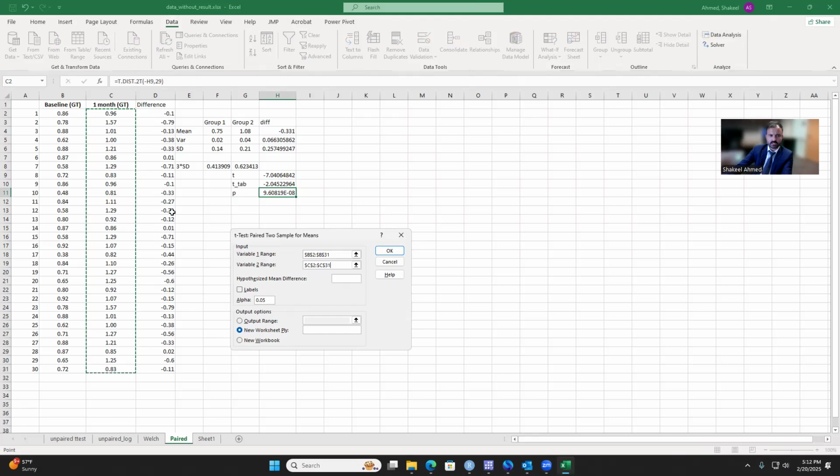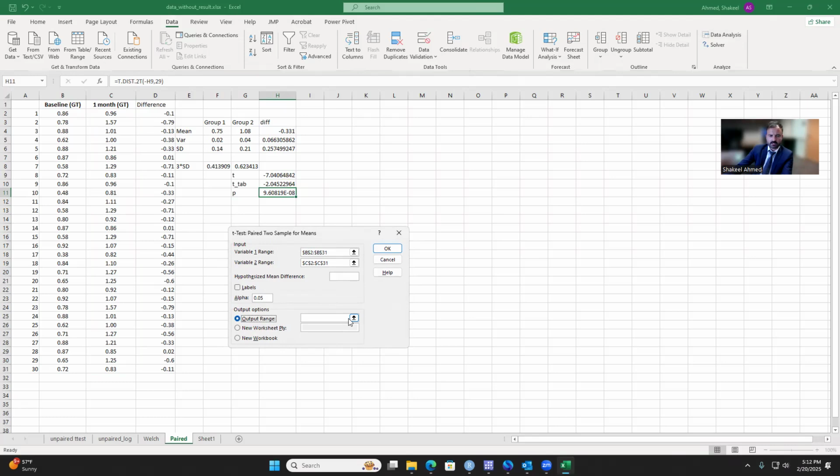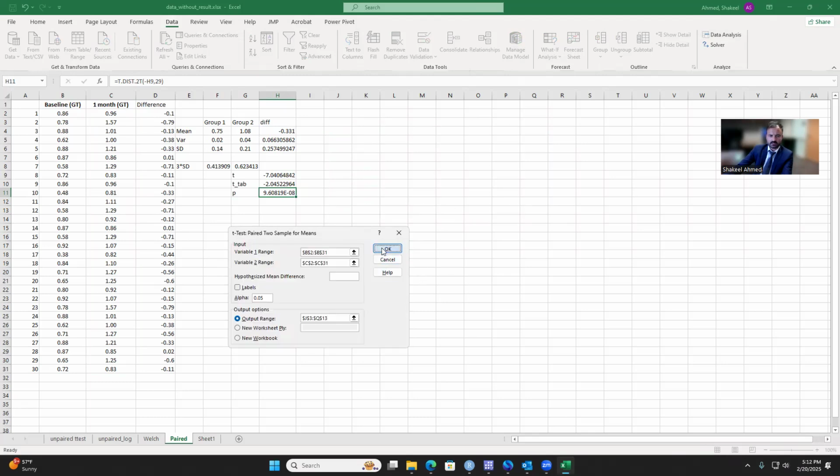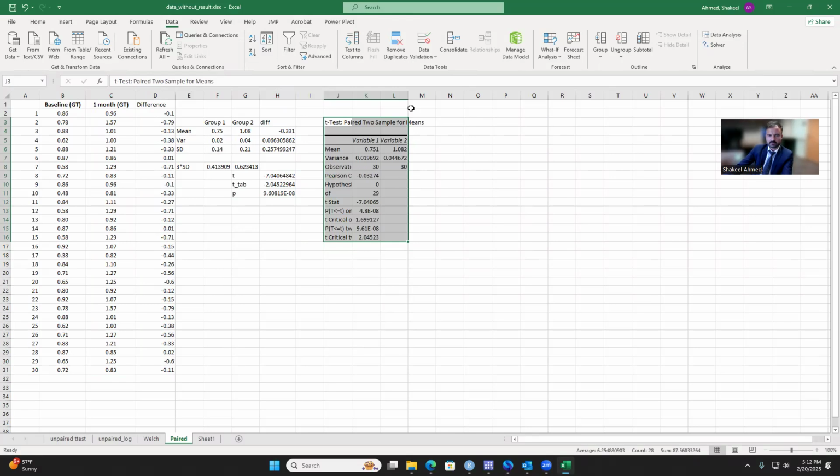If you include the name, then select the output range. If you want to compare, you can write your results. Click on OK.